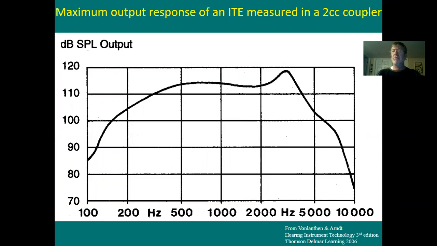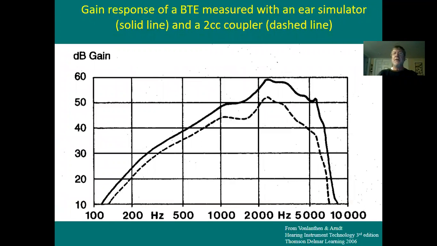Now here is a slide showing you the RECD, real ear to coupler difference, across the frequency responses of gain in a BTE measured on KEMAR, who has a more normal ear canal, versus a 2cc coupler, the dashed line. Notice the difference is about 5 dB in the low frequencies below 1,000 hertz, and about 10 dB above 1,000 hertz.